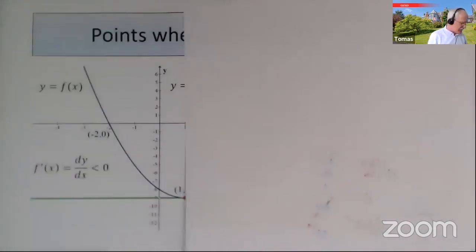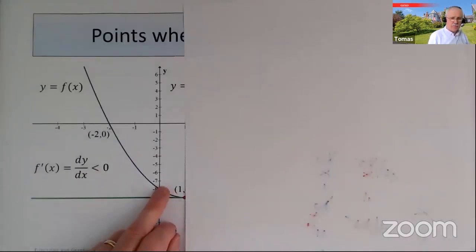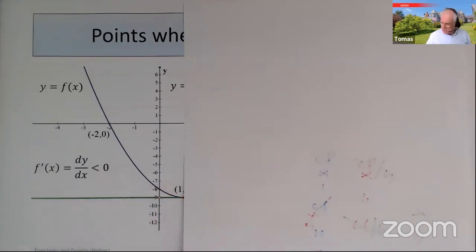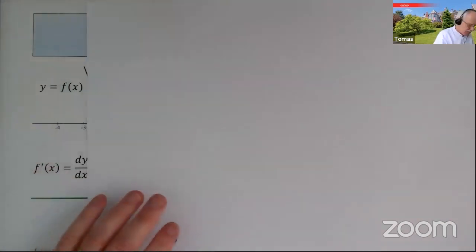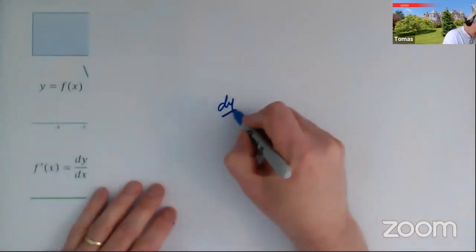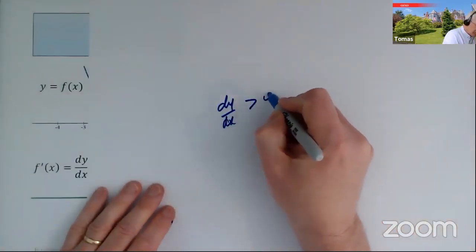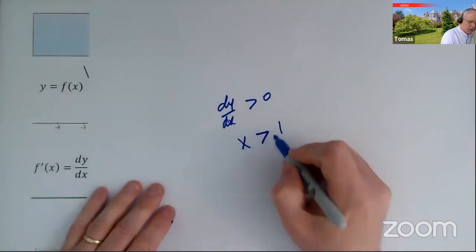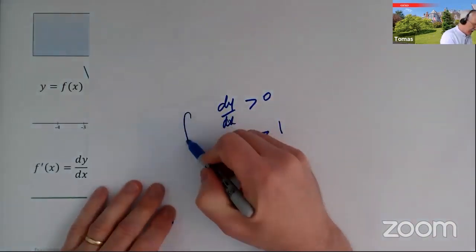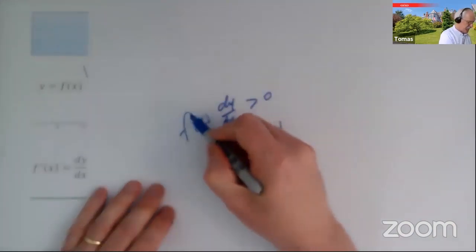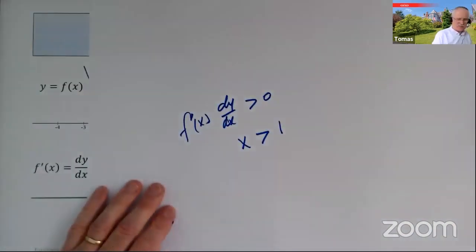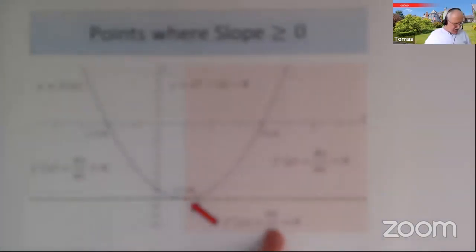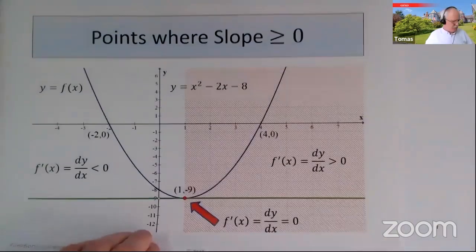So after this point, after x equals 1, you can see that the slope dy/dx is greater than 0 when x is greater than 1. Or you could say f dash x. Make sure the dash is visible there. Okay, so that's how we do that. F dash x is greater than 0 when x is greater than 1.